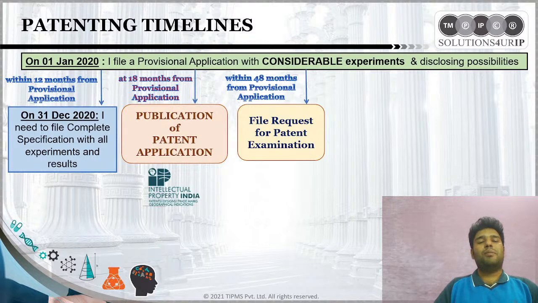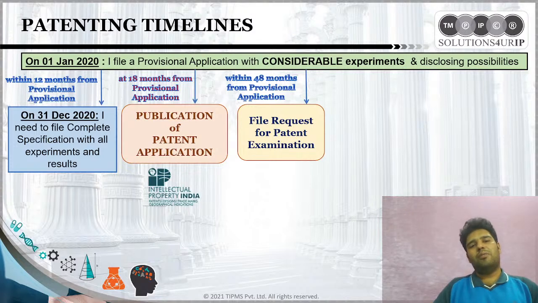Now, why is this publication necessary for a patent to be granted? Publication is necessary for giving the public at large the opportunity to know and oppose your patent application, if they feel that your patent application is not new, or does not comply with all the requirements under this Act to be granted a patent. There are several grounds of patent opposition given in section 25.